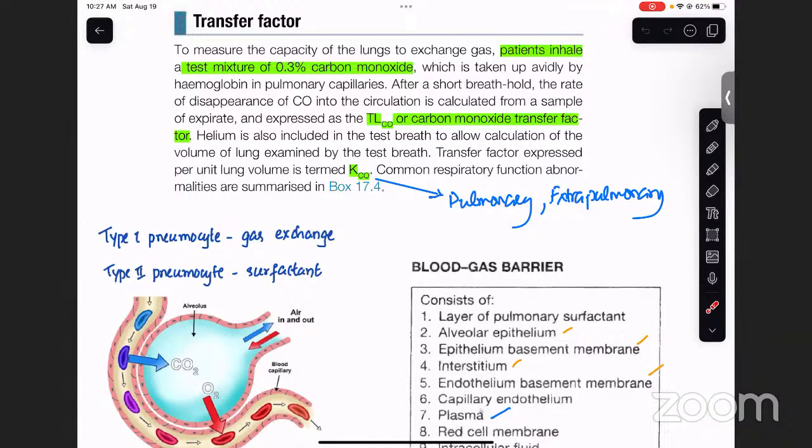So 0.3% of carbon monoxide is used as an experimental test. So TLCO means carbon monoxide transfer factor, and the use of carbon monoxide is only 0.3%. So if we want to know the gaseous exchange in our body, we need to use transfer factors like TLCO.